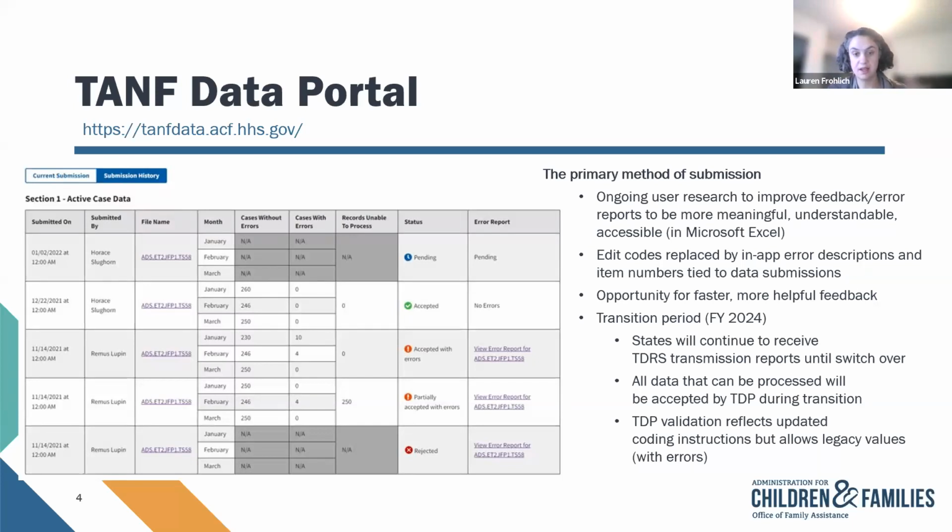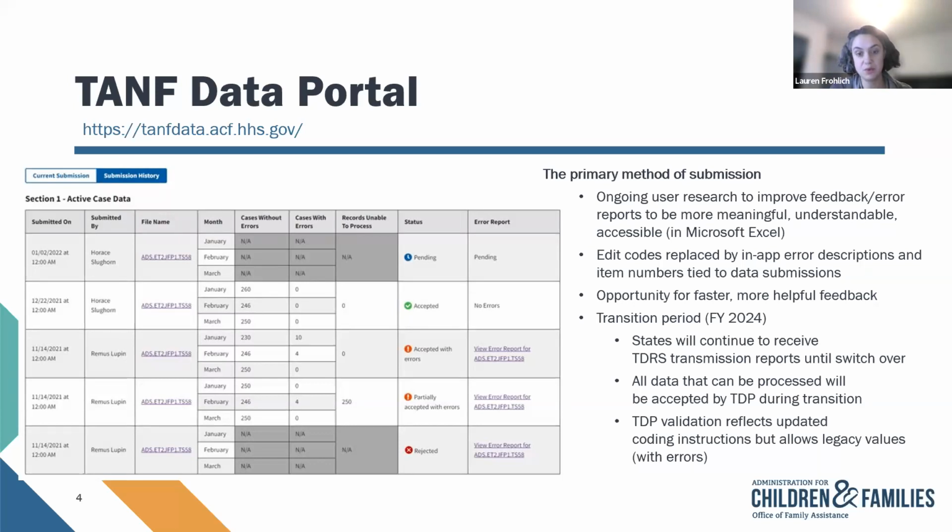So there aren't any rejected files in TDP. And importantly, the validation and the error feedback that you'll get within TDP reflects these updated coding instructions, but allows legacy values. So that's kind of key to thinking about this transition and implementation period with the new instructions.